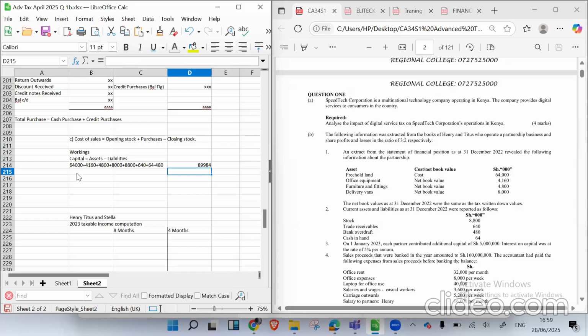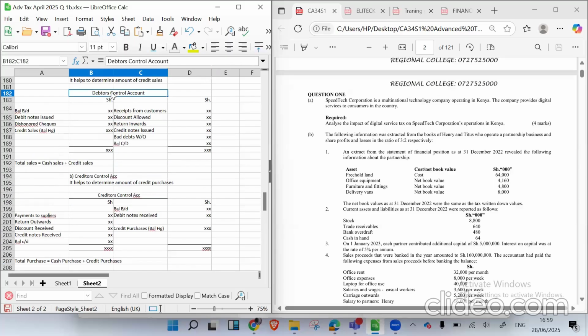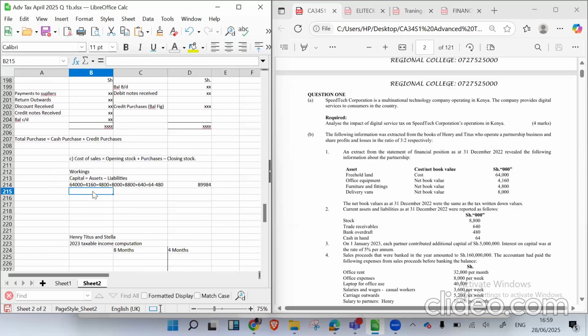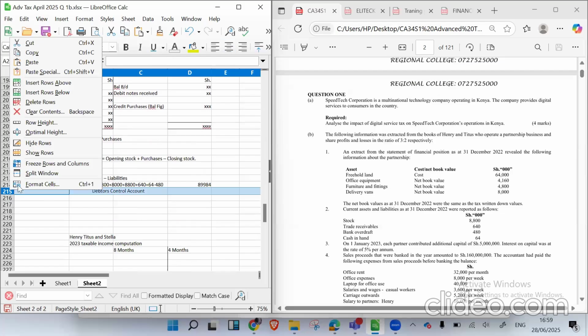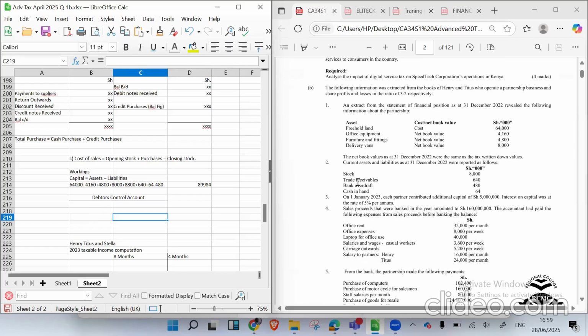Yeah. Then working number 2, we need to get our debtors control account. Do you have the opening balance of our debtors? 640.